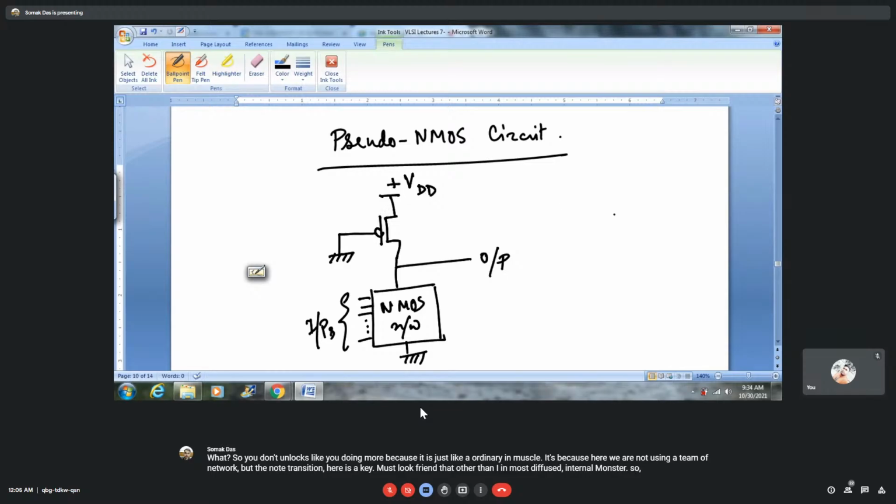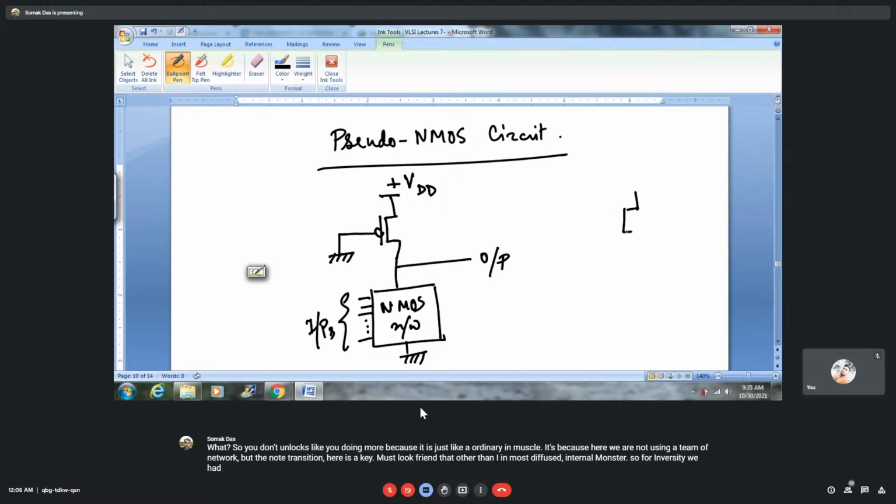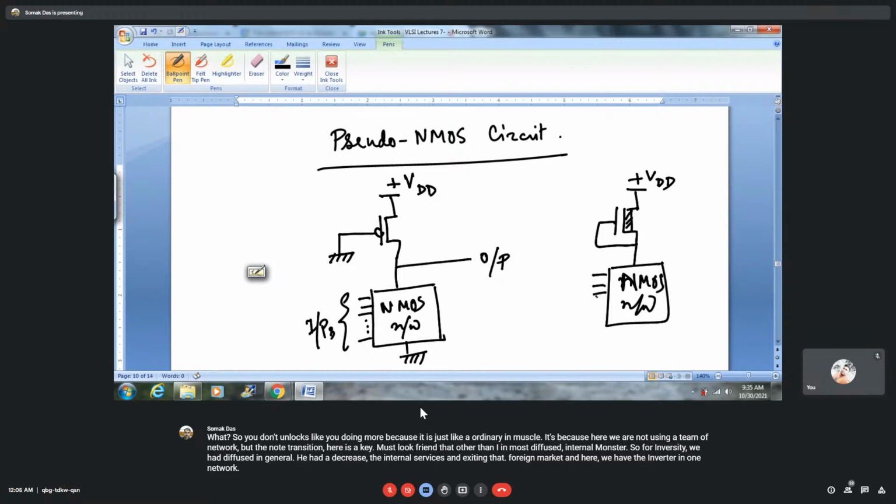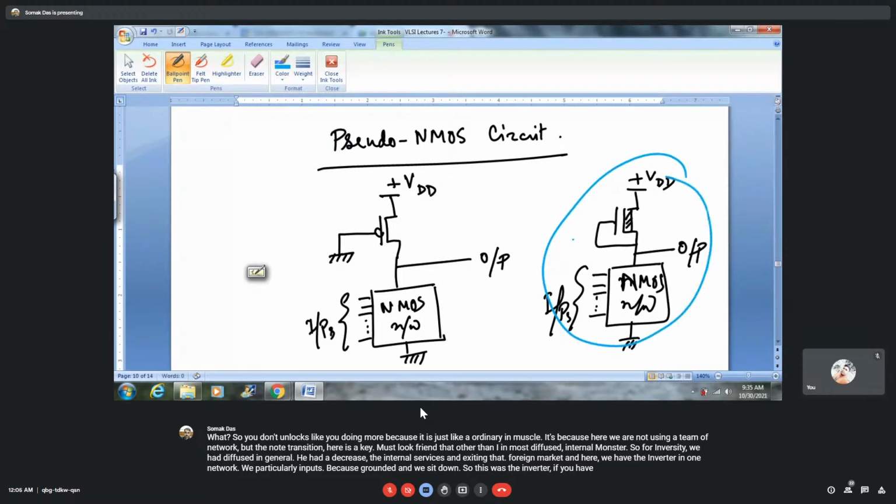So for NMOS circuits, we had a diffused N channel load transistor connected in that pattern, and here we have the NMOS network with particular inputs, which was grounded, and we received the output. So this was the NMOS circuit which we had discussed in one of our lectures.